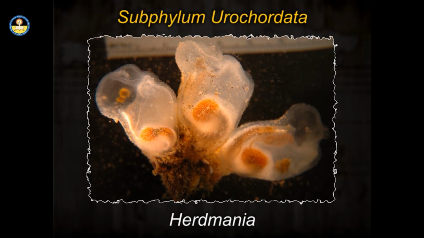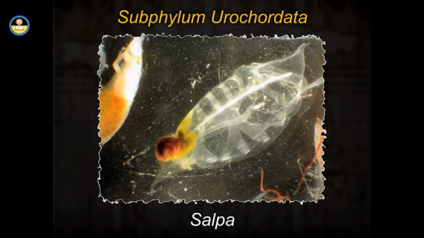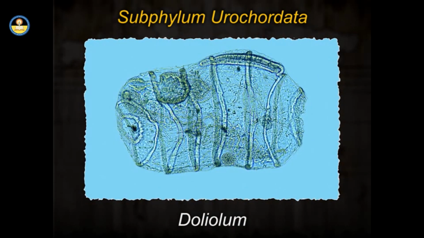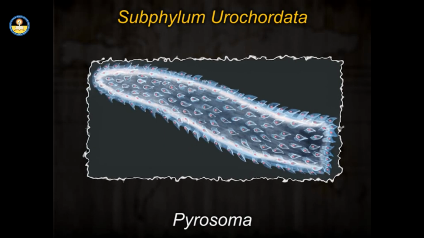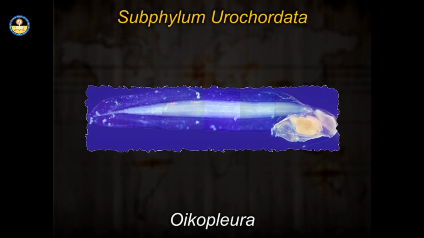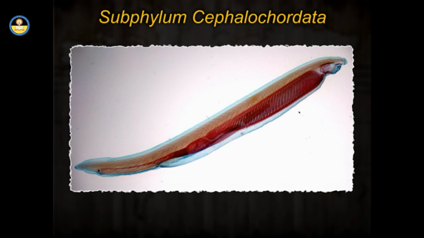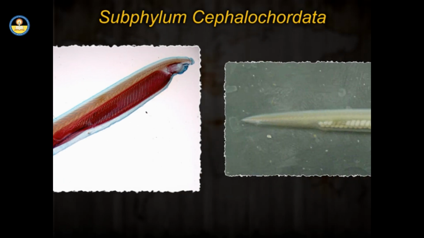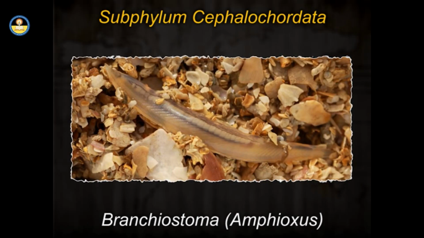Some examples are Herdmania, Salpa, Doliolum, Pyrosoma, and Oikopleura. Subphylum Cephalochordata. The last group are the cephalochordates, which are usually represented by one organism, Branchiostoma, commonly called Amphioxus.